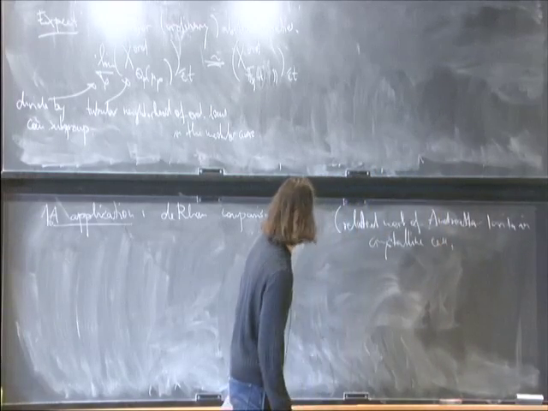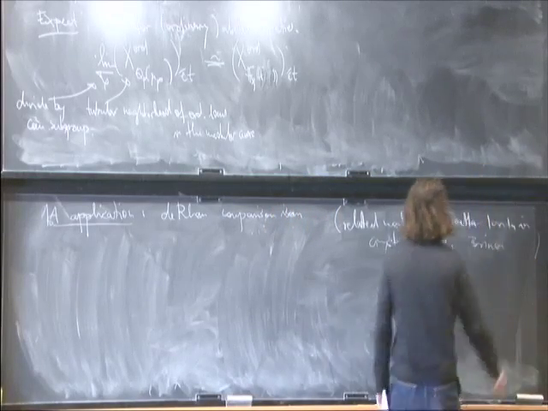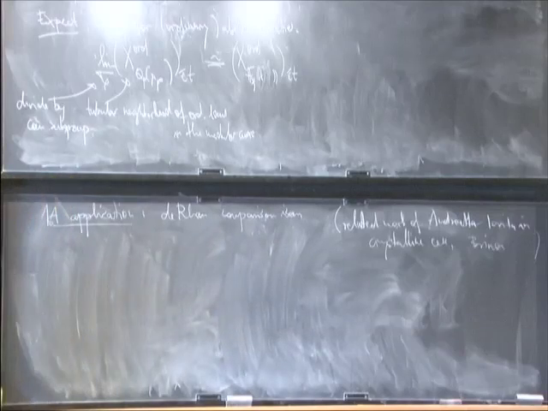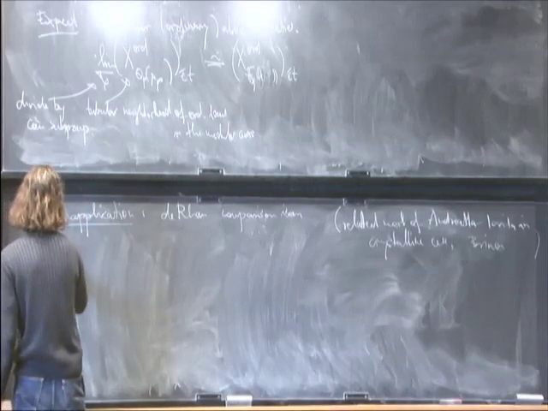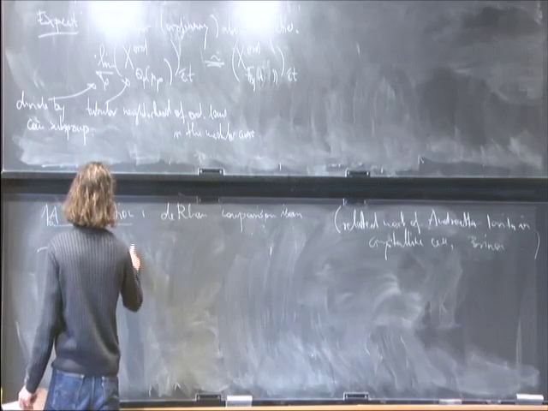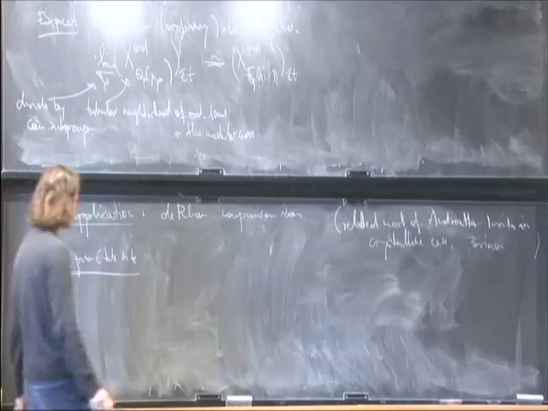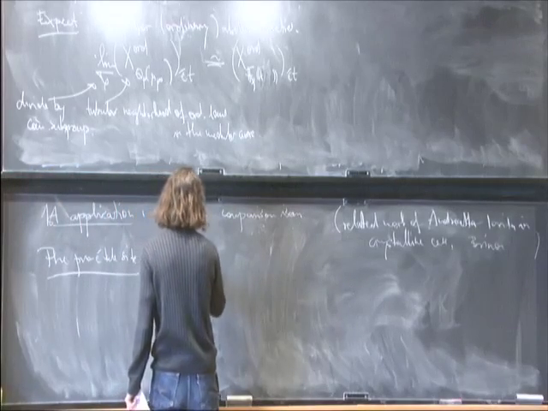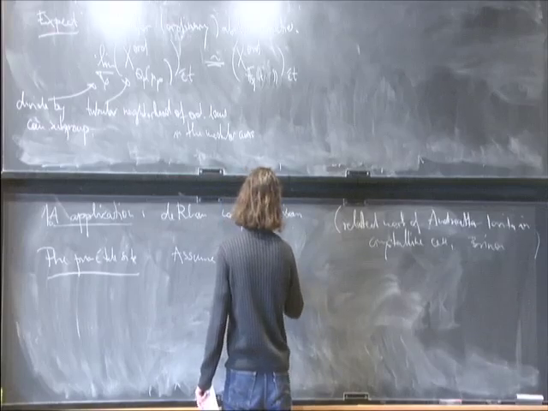And also this is very much related to the work of Brinon. So first I have to introduce a new site, which I call the pro-étale site. And for this, I assume, for simplicity, that everything is quasi-compact and quasi-separated.